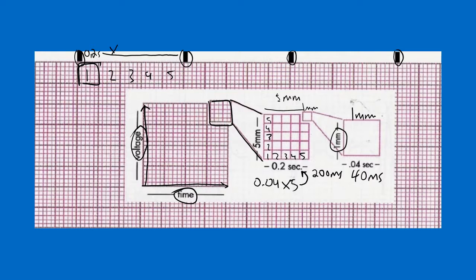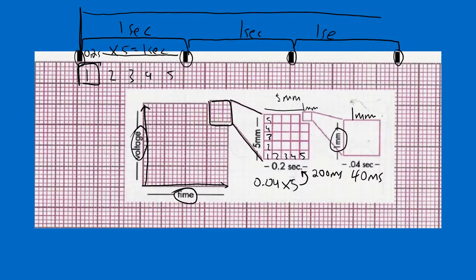So 0.2 seconds times 5 gives us 1 second. That is to say, the time between each black marking here at the top is 1 second. So if we look from here all the way to this end is a 3-second strip.